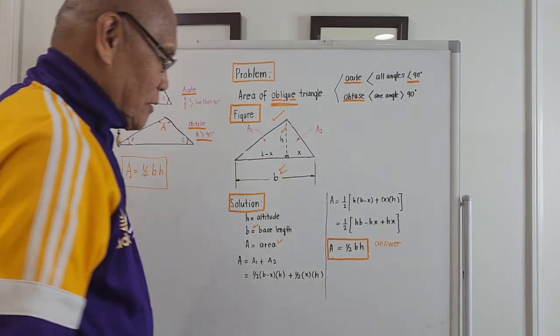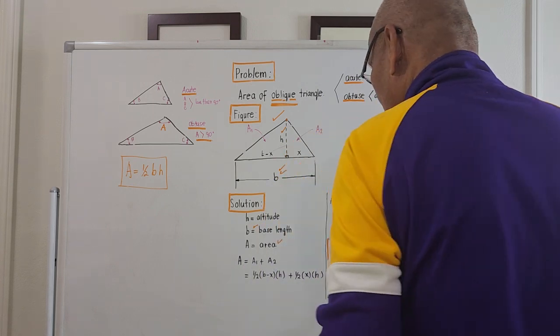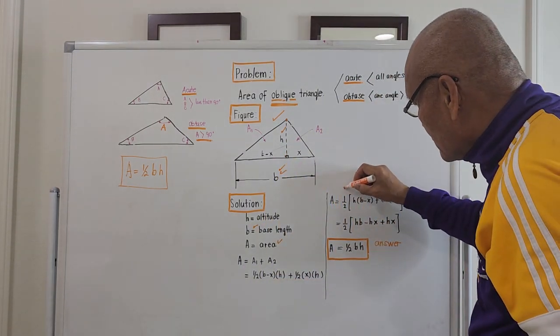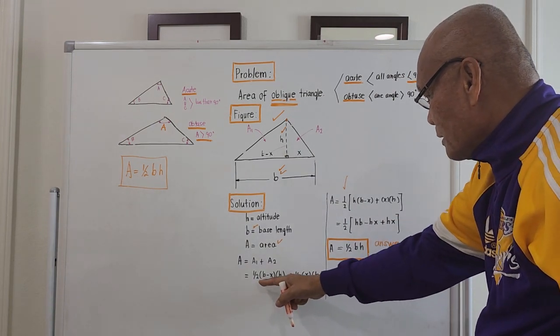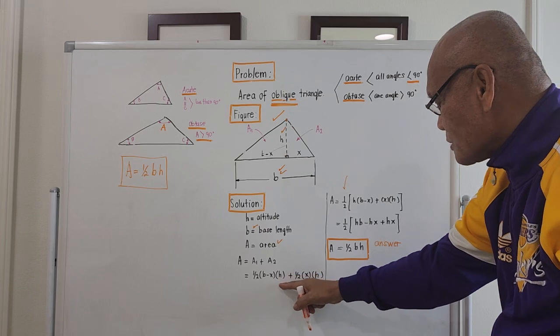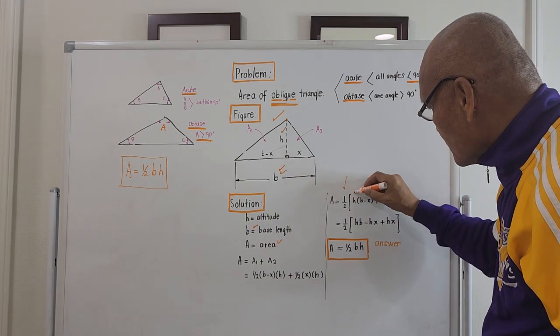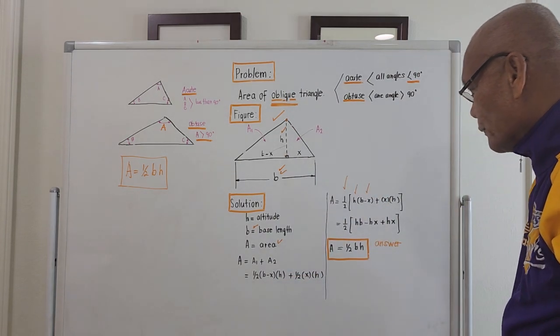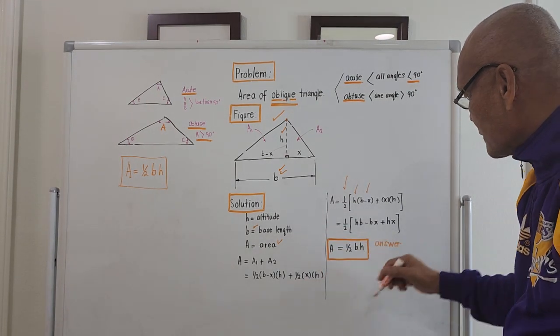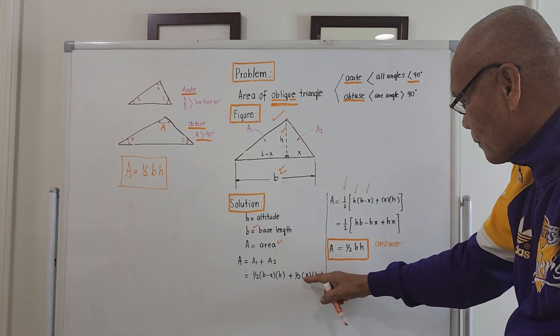Let's try to simplify. A common factor is 1/2, right? So we bring it out. For the first one, what remains inside will be the product of h times b minus x. On the second one, we bring out 1/2, and what remains inside will be simply the product of x times h.